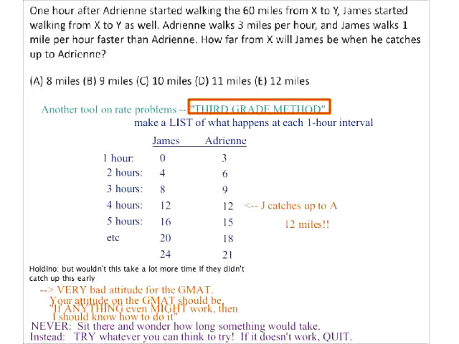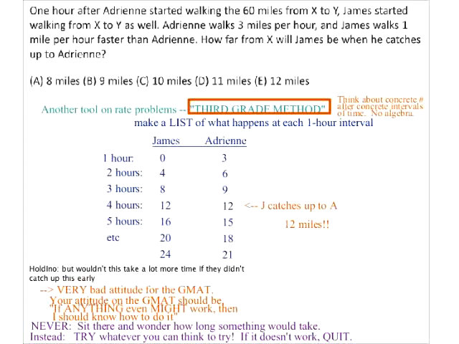Every method is just as important as every other method. If you have a really formal schooling background, you probably don't like this method very much, but it doesn't matter. It's still a really good way to solve problems. So basically, a third grade method is just to think about concrete numbers after concrete intervals of time, so that there's no algebra.